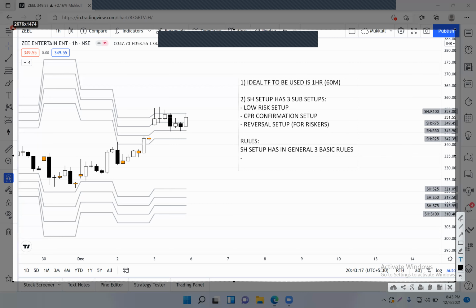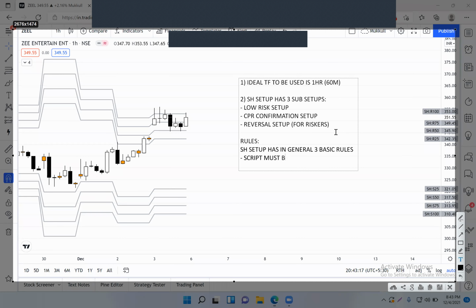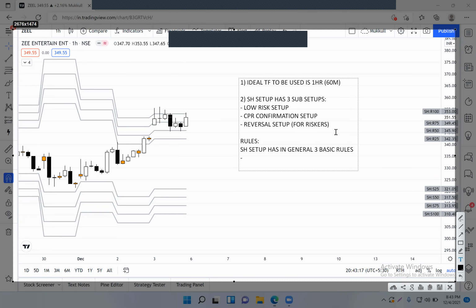First, your script, whichever script or even index you are choosing, must be... So here, in this session, we will only look for buying, not for selling.